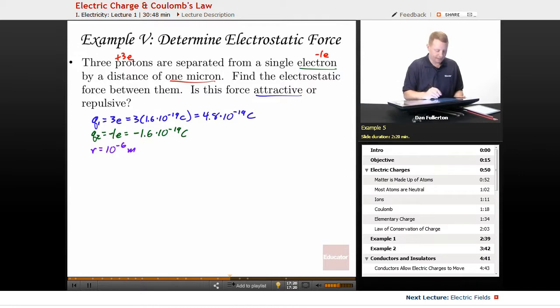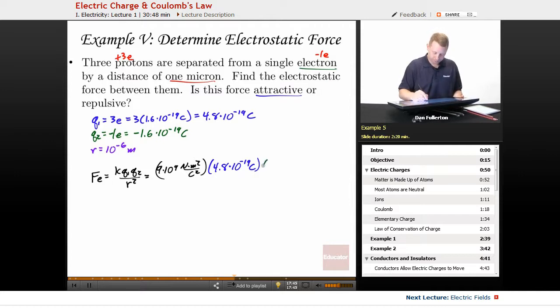Therefore, when we go to find the electrostatic force, that's going to be K Q1 Q2 over R squared. K is 9 times 10 to the 9th newton meters squared per coulomb squared, times Q1, 4.8 times 10 to the minus 19 coulombs, times Q2, negative 1.6 times 10 to the minus 19 coulombs, all divided by the square of the distance between them, which is 10 to the minus 6 meters squared.